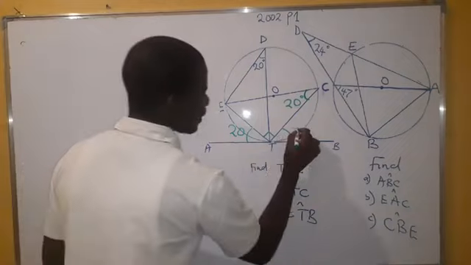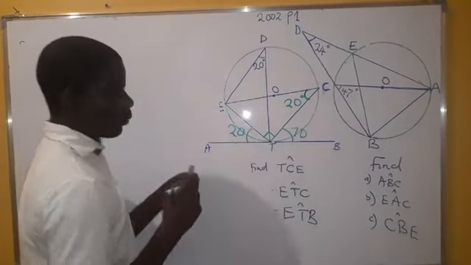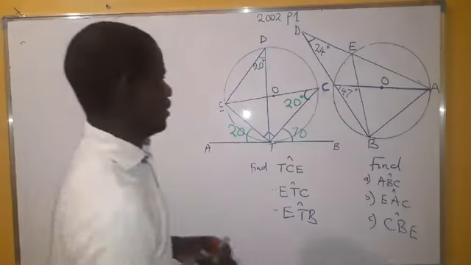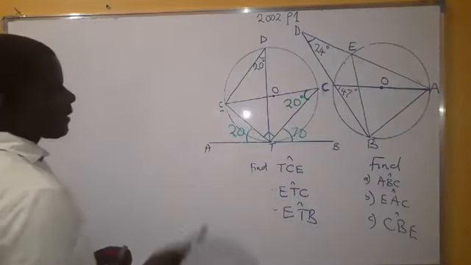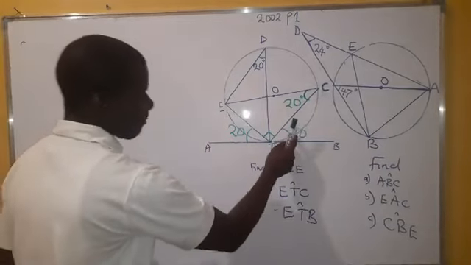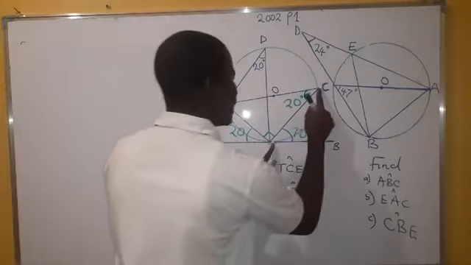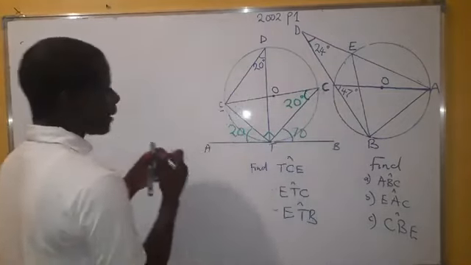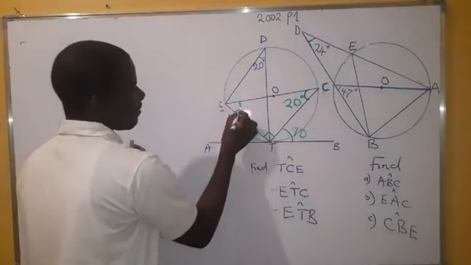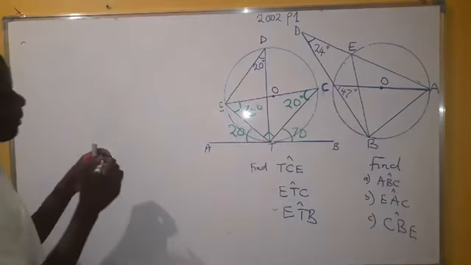So this angle is 70, so that 3 angles on a straight line add up to 180. Are we together? Yes. Then again, after we have found that this is 70, we can look at the angle in the alternate segment, which is also 70. It's this one. This is the 70. Okay?